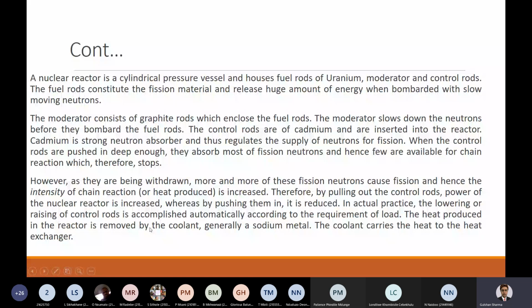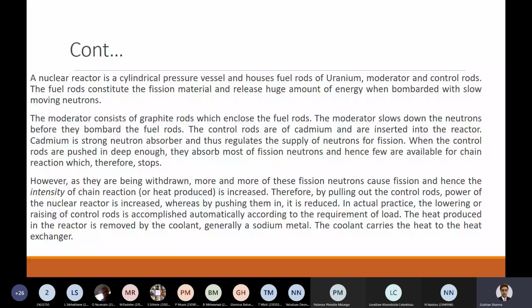After that, when the coolant flows into the heat exchanger, it releases the heat to the water. So this coolant has a very good property: it absorbs the heat, then releases it to the water, so that the water can be converted into high temperature steam.